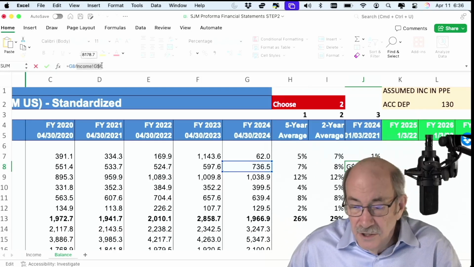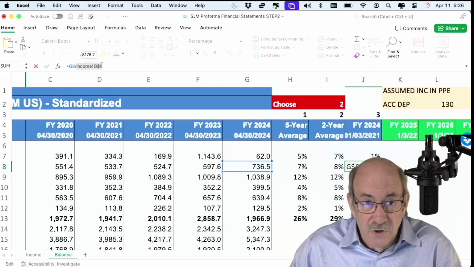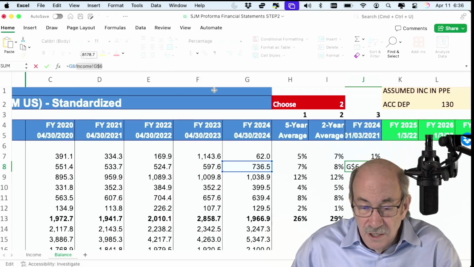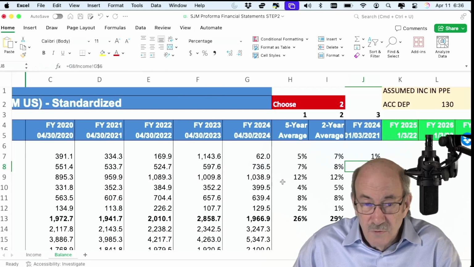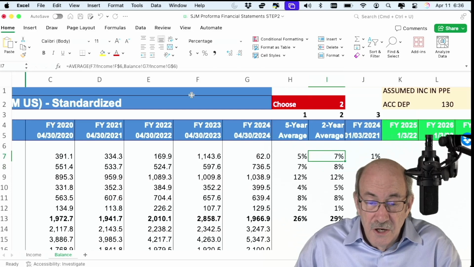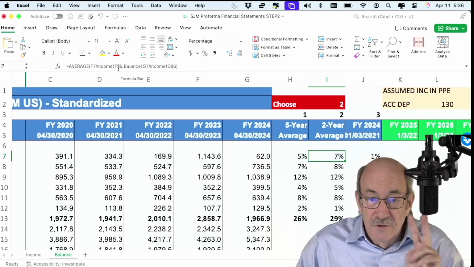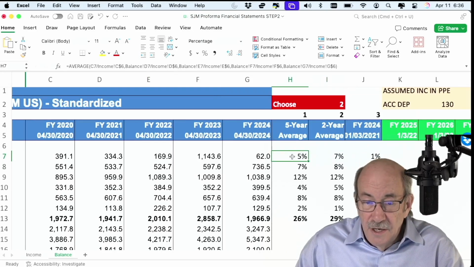I've locked the row so that I can easily drag and copy things without having to change too much. Similarly here, I've done an average for 2 years. So I've done 2024 and 2023, and then I've done the 5-year averages here.